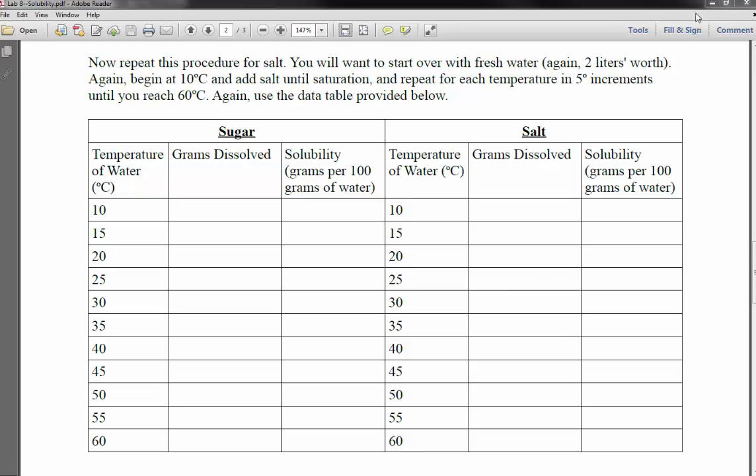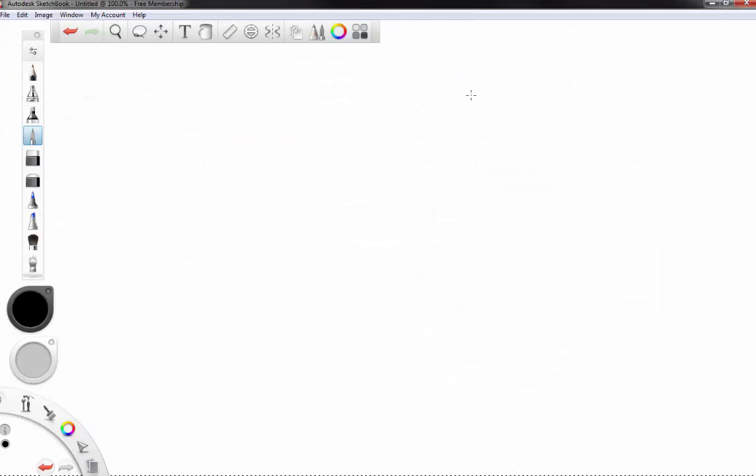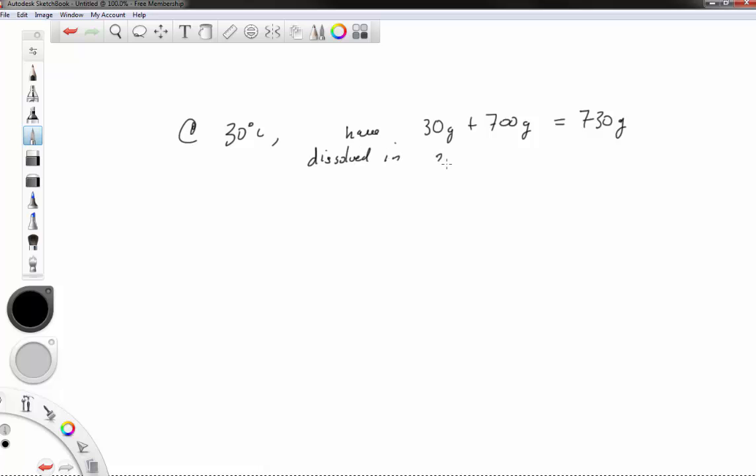And so what you'd end up with is that at 30 degrees C, you have 30 grams plus 700 grams, which is 730 grams, dissolved in 2.0 liters of water. So again, you can do the conversion for this. It's the same as the one we did above.